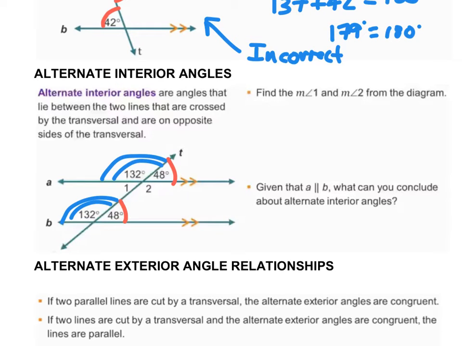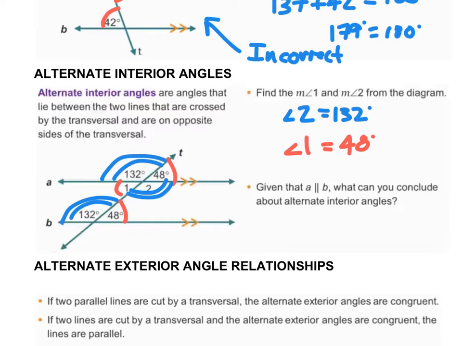If I look at angle 2, its alternate interior angle is 132 degrees. So I'm going to label this here and say that angle 2 is equal to 132 degrees. I can also say angle 1 is an alternate interior angle to 48 degrees, so angle 1 is equal to 48 degrees.